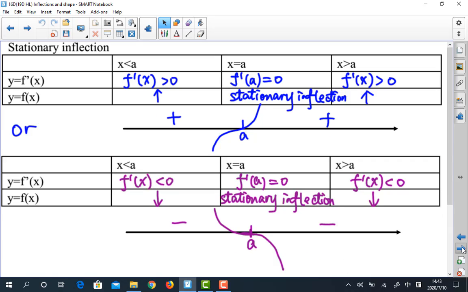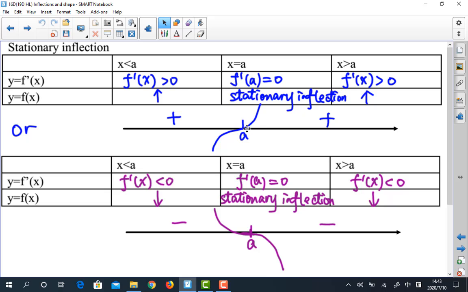The last type of stationary points is called a stationary inflection. The stationary inflection could be this way. On the left side of x equals a, the graph can be increasing, so f prime x could be greater than 0.